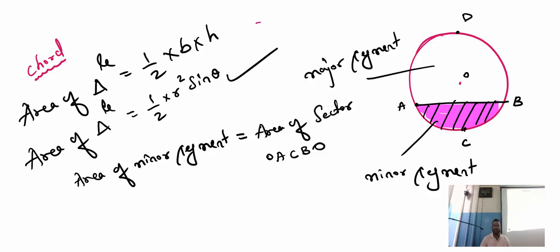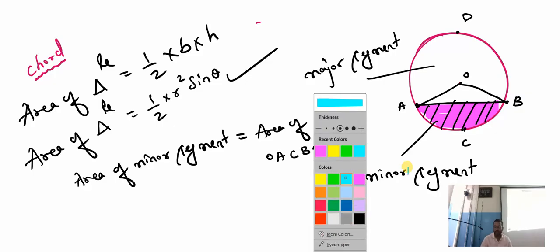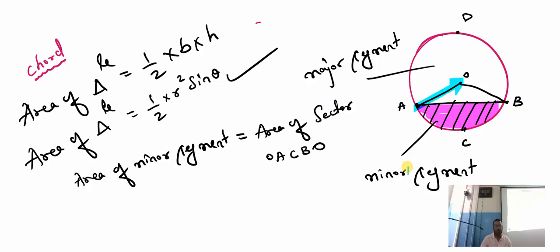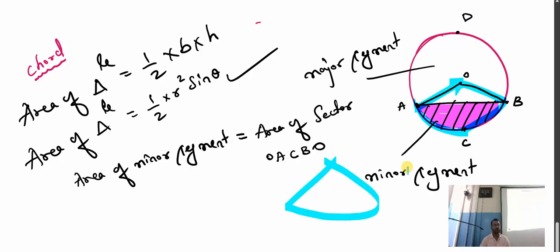Can you see this now? It starts from O. It comes to A. From A it goes to C. From C it comes to B. From B again it comes to O. This complete region is what? Sector. Understood?